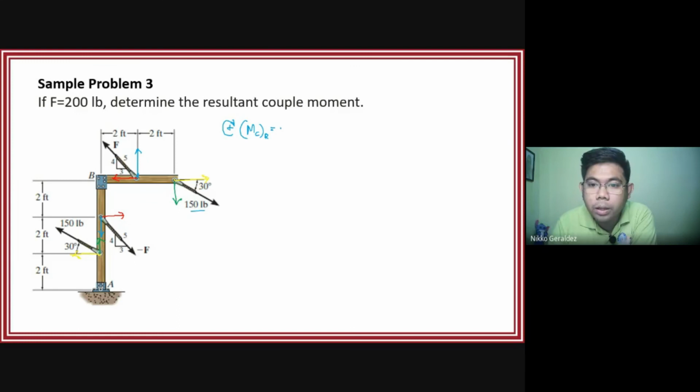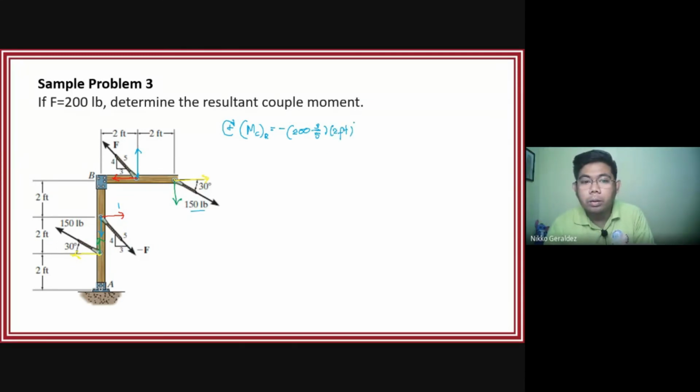In x component, 200 pounds times, ano ang x component? 200 pounds times 3 over 5, very good, times ang perpendicular distance between the x components, 2 feet. Very good.